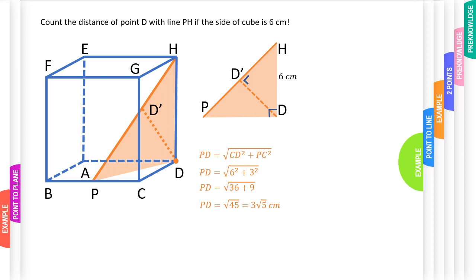Based on this process, we find that PD is equal to 3 times square root of 5 centimeters.